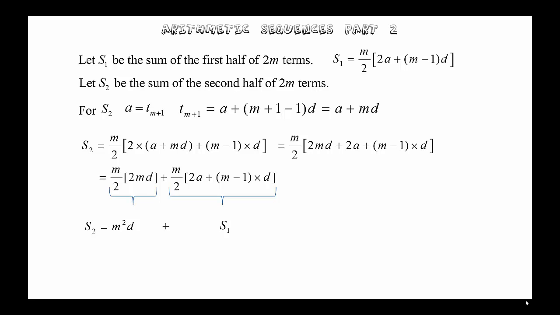That's right, it's equal to S1, isn't it? As you can see by comparing it to the top line. So what do we have after all that? We have that the sum of the second half of the series is equal to m squared d plus the sum of the first half of the terms of the series. And we can just write that in a simpler way like that.